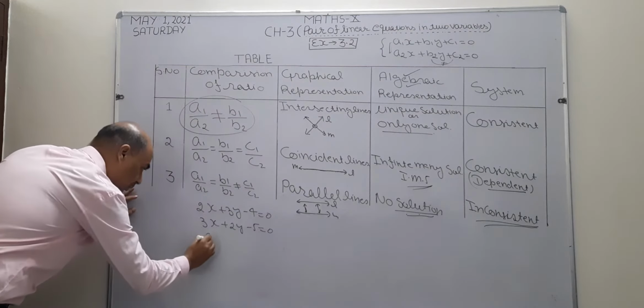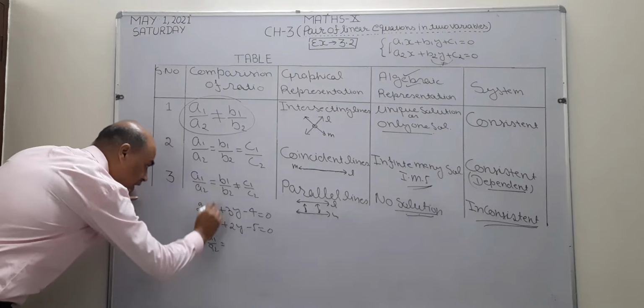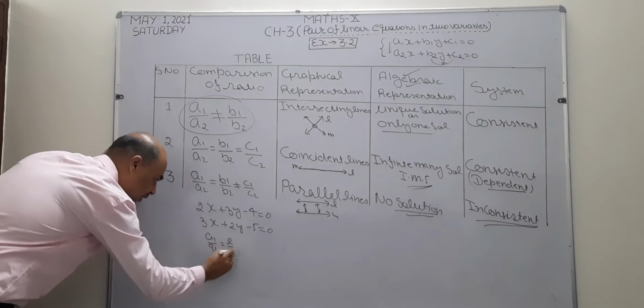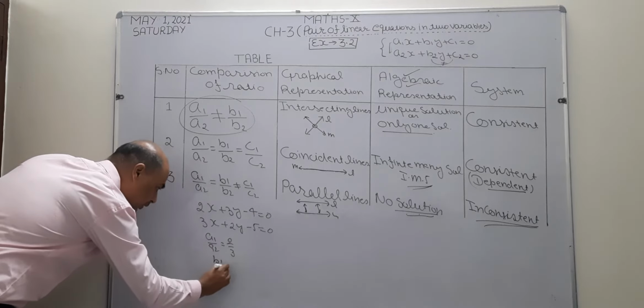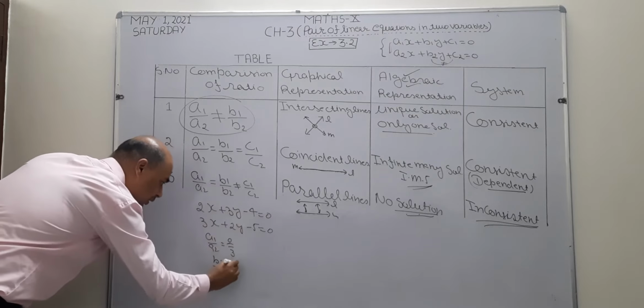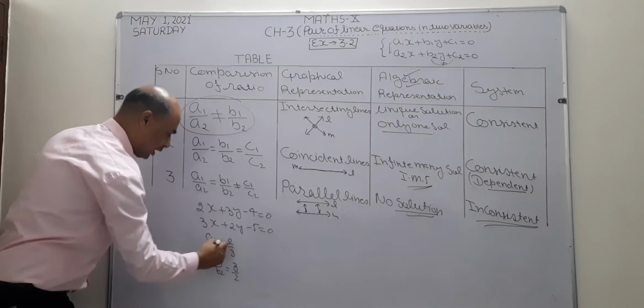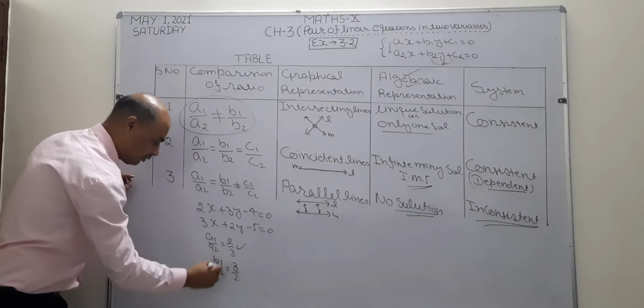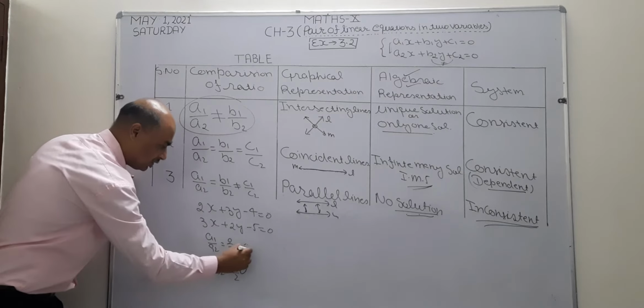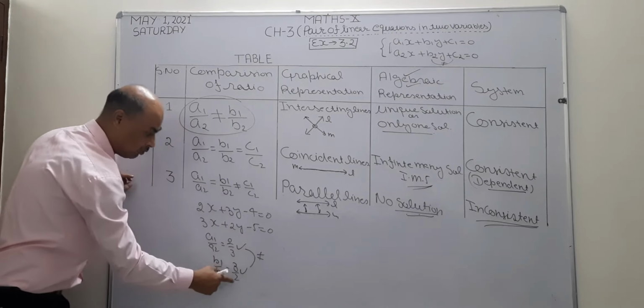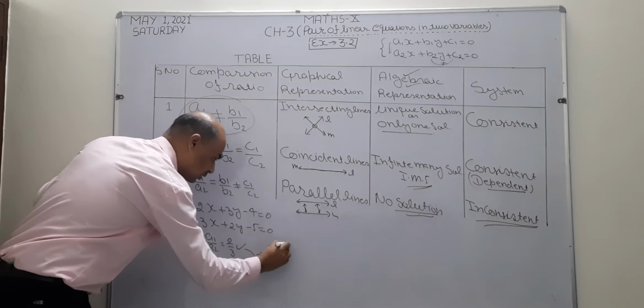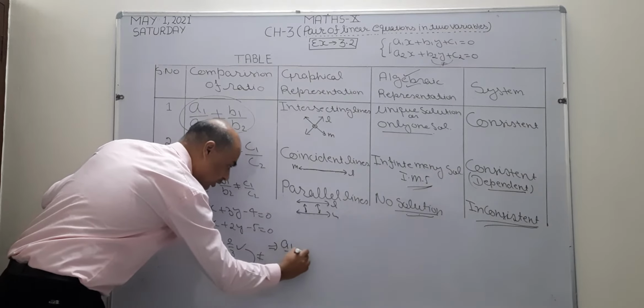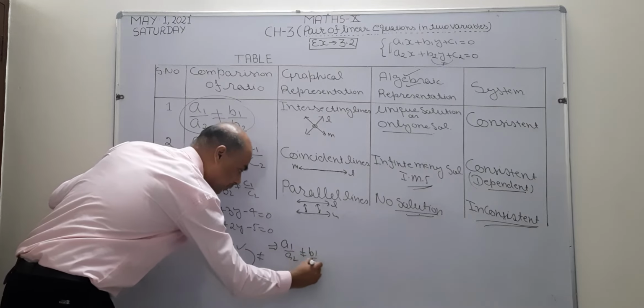So A1 by A2 from this equation is 2 by 3. What is B1 by B2? Coefficient of y. What is the coefficient of y? 3 by 2. Now see, the value of A1 by A2 is 2 by 3. Value of B1 by B2 is 3 by 2. Are these two equal? No, these two are not equal. It means this implies A1 by A2 is not equal to B1 by B2.